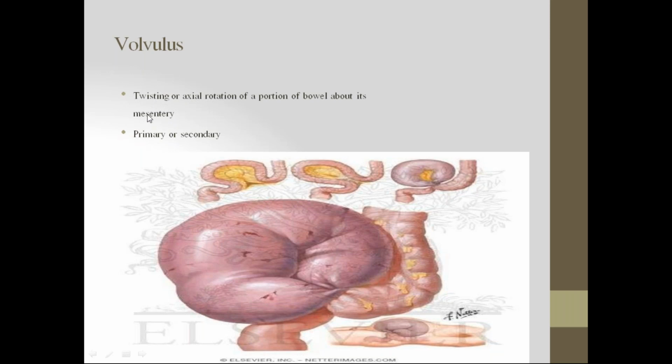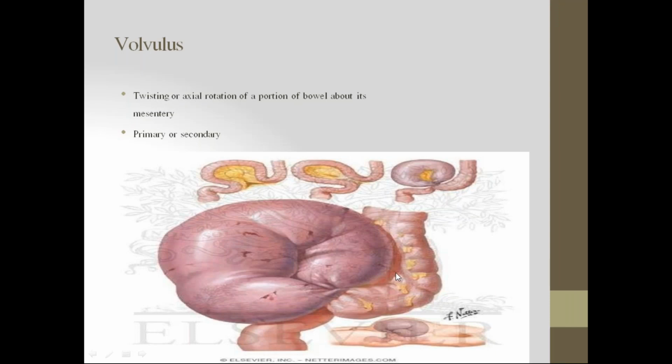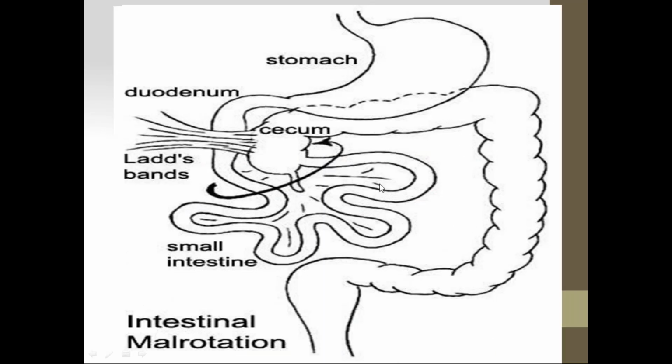So, volvulus. Volvulus means twisting or axial rotation of the bowel about its mesentery. It could be primary or secondary. Primary is most commonly congenital, and secondary is acquired. In case of intestinal malrotations, this is an image of intestinal malrotation.